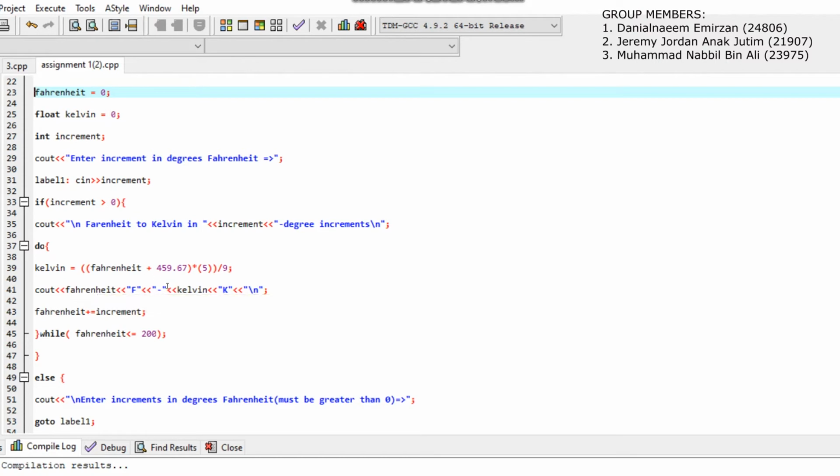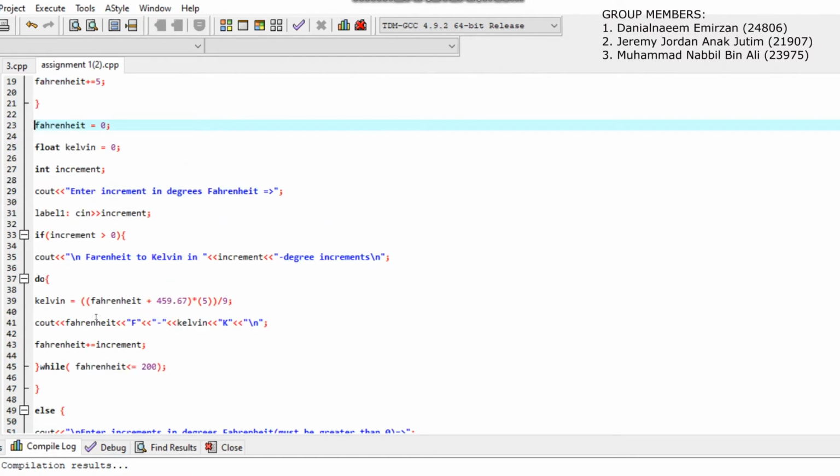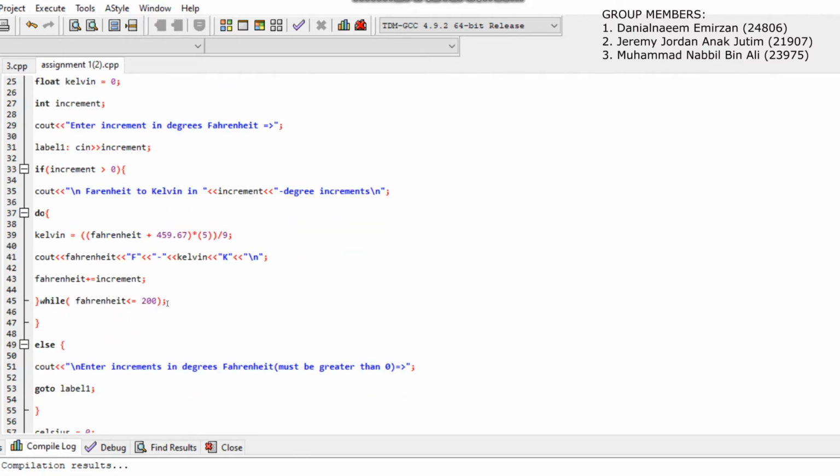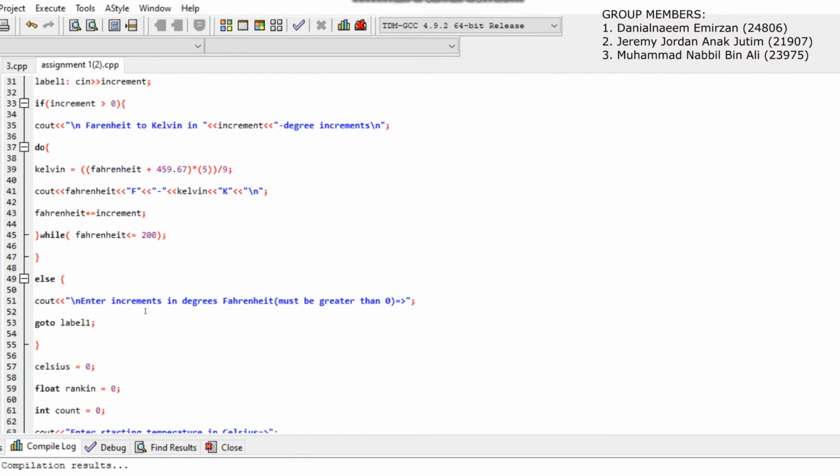Next we need to put the output, which is Fahrenheit between 0 to 200 degree Fahrenheit, or else enter the increment in degree Fahrenheit, which must be greater than 0.